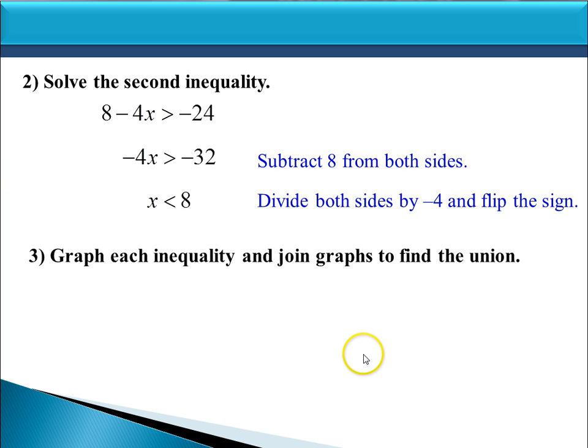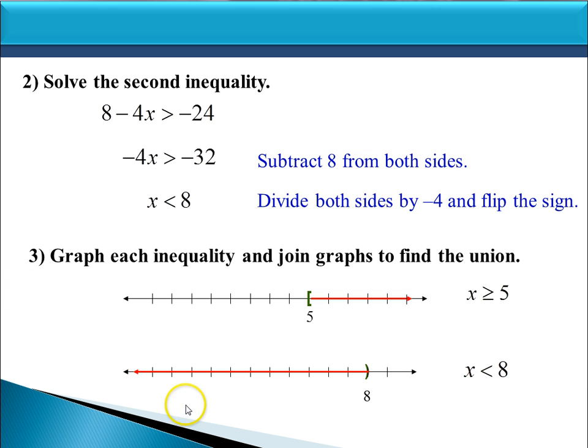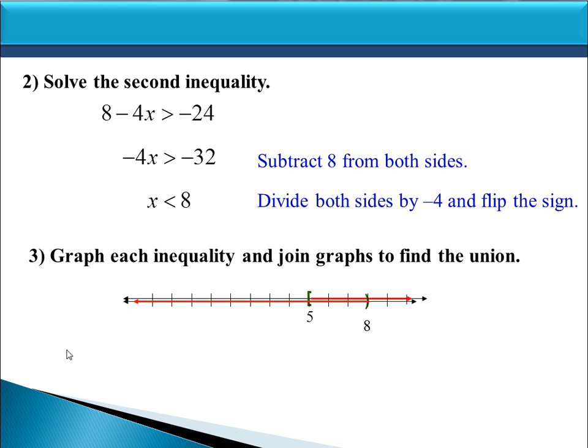So now if we look at the two graphs, the first one, remember, was x is greater than or equal to 5. So that would be a square bracket and then an arrow pointing to the right. And then our second inequality worked out to x is less than 8. So we have a parenthesis at 8 and then an arrow pointing to the left. Now notice when we join these two together, we're going to end up with an arrow pointing to the left and to the right with no gap in there at all.